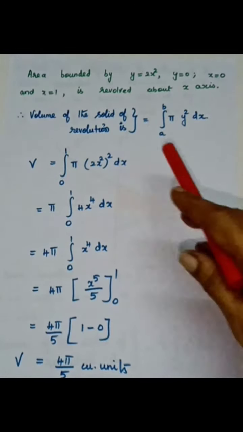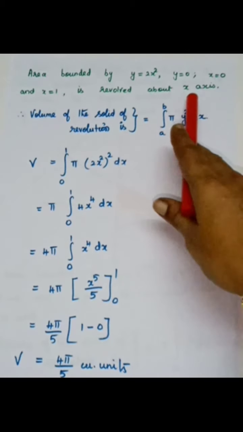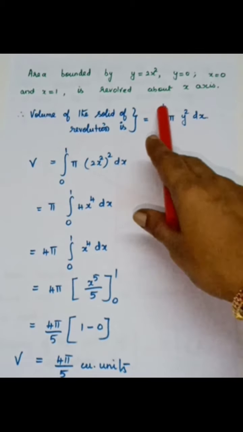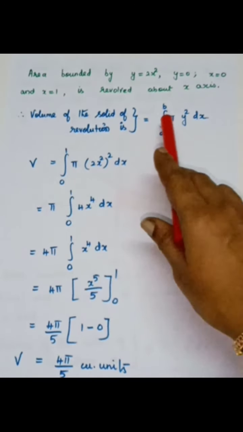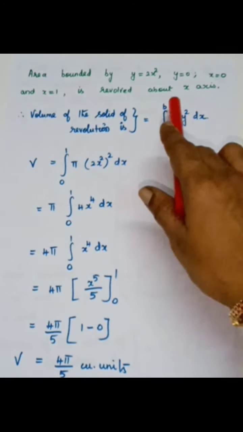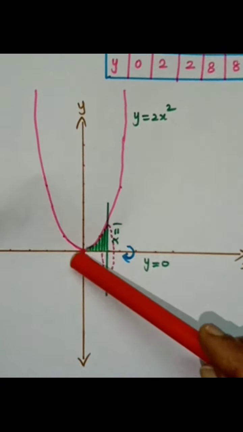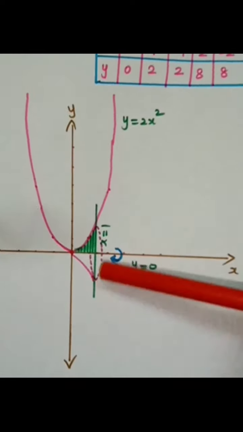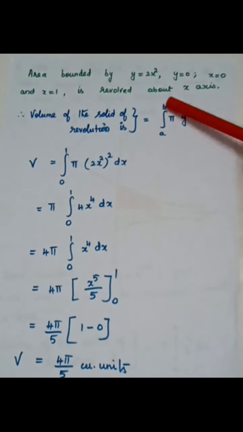You are going to find the volume of the solid. So see that the volume of the solid of revolution about which axis? X-axis. Therefore, integral a to b pi y squared dx. Pi is a constant, and the limit a to b is from here to here. This is x equal to 0, and this green color line is x is equal to 1, so here a is 0 and b is 1.